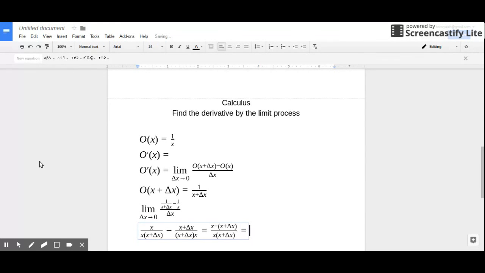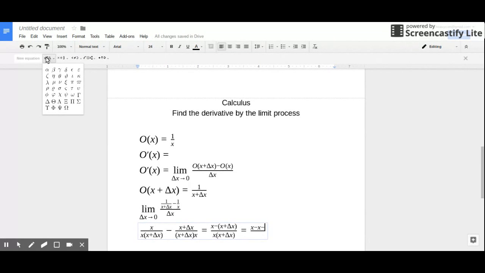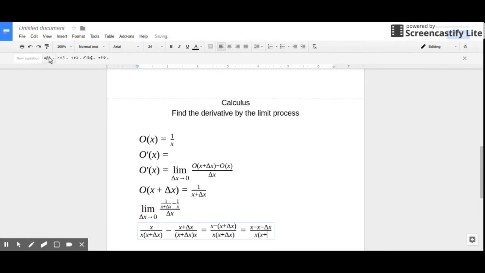Now what we need to do is go ahead and clean the numerator up. So we have x minus x minus, distributing that negative across, delta x. So it looks to me like those x's cancel out, don't they? Over, then we have x plus our delta x.